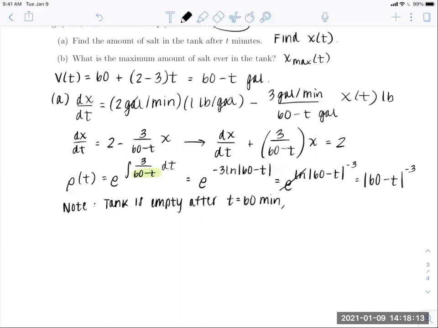We'll assume that t is always less than or equal to 60, so that 60 minus t is always greater than or equal to 0. I was very careful by including those absolute values, but in the context of this problem, I'm going to drop them because I'm never going to be considering a t value greater than 60 minutes. So now I'm going to multiply through both sides by 60 minus t to the negative 3rd power.